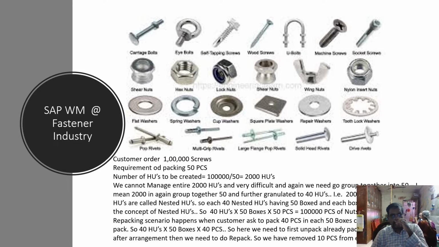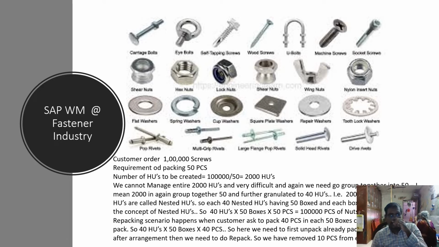So in the fastener industry, they are grouped together and assigned to an HU, or based on the customer order or customer requirements, they are grouped together in the boxes and assigned to an HU. So we need to track using either the standard requirement of packing, or otherwise we have the option of packing in customer specific requirement of packing.